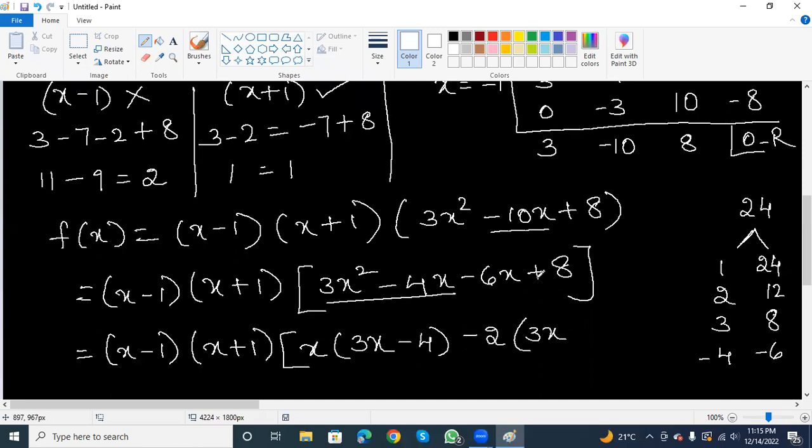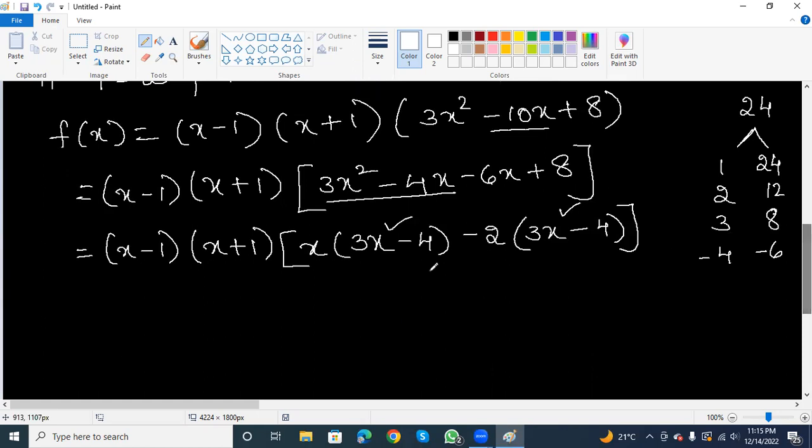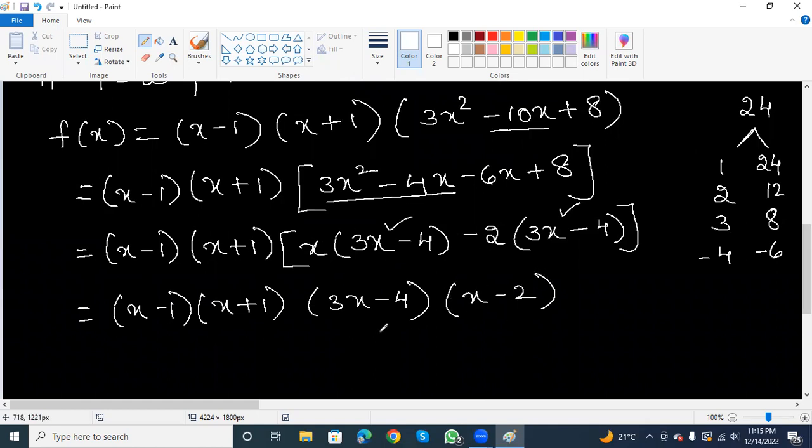Already minus came out. Now here plus 8 means by taking the minus common, the sign will get changed, so minus 4. Now see, 3x minus 4, 3x minus 4 is repeating. Hence write it only one time: 3x minus 4. And the rest of the terms, x and minus 2, make it one factor. So these are the four required factors for the given polynomial f of x.